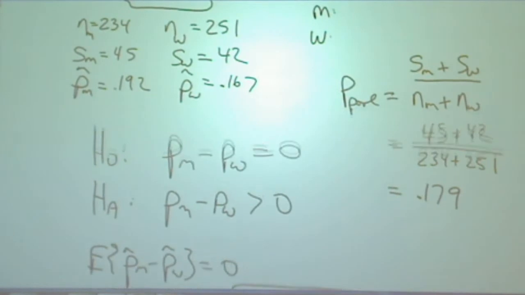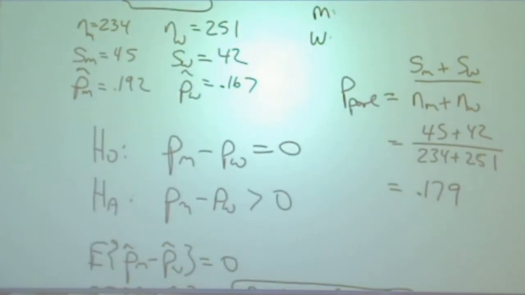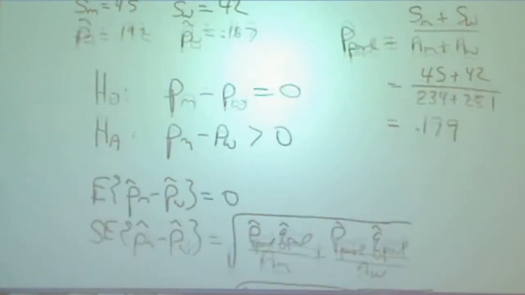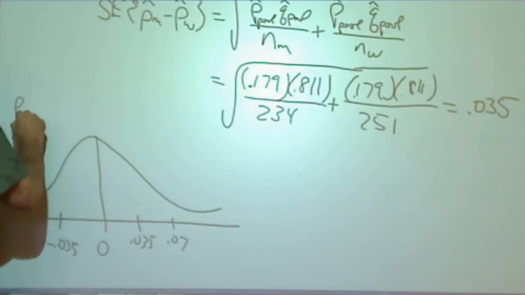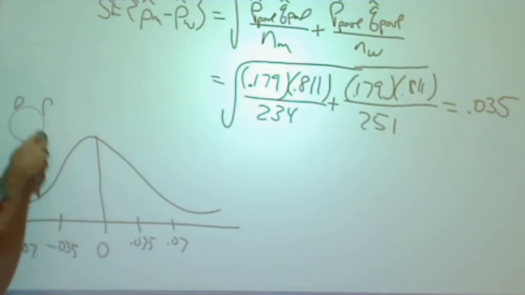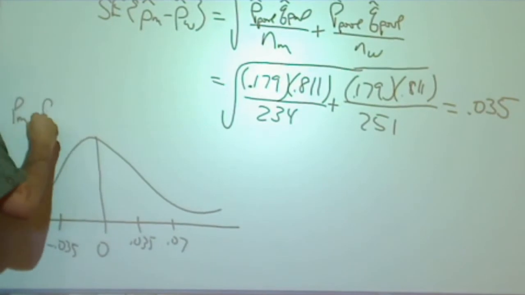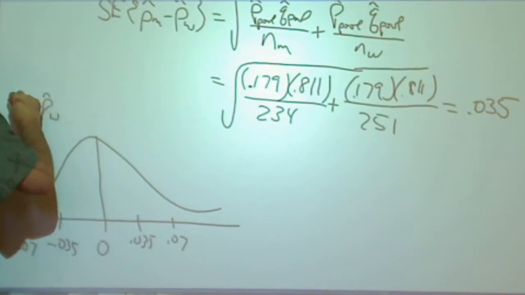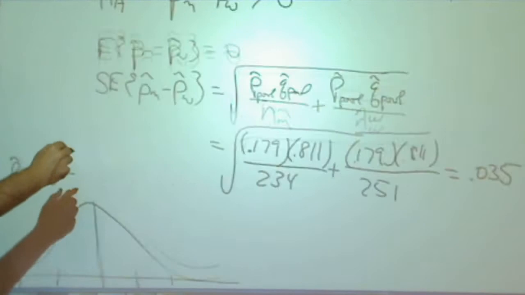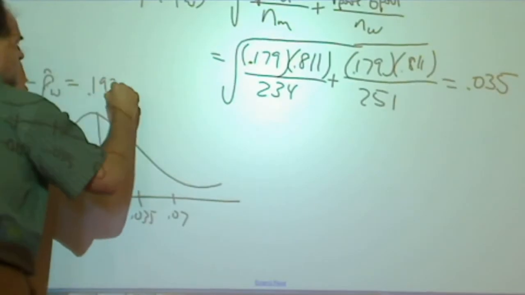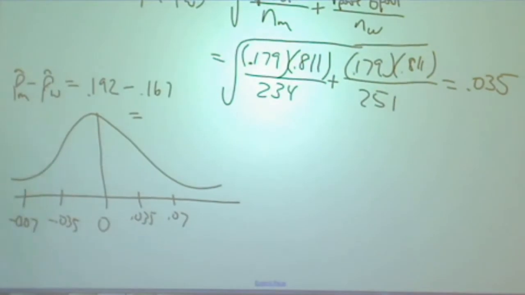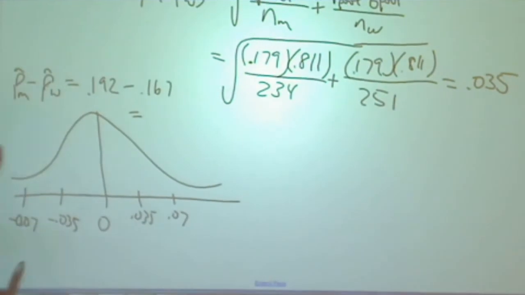It's in proportion. The two samples. Yep. So the sample, oops, the other way, 0.192 minus 0.167. Okay, that difference is 0.025.